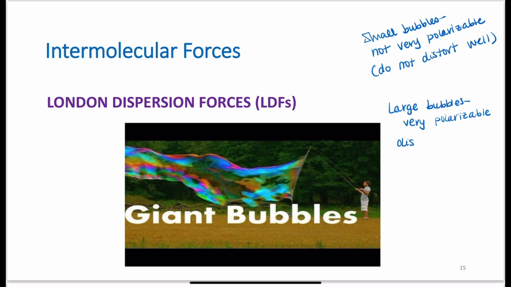They distort easily. So the easier the distortion of that bubble, the more polarizable it is. I want you to look at the bubble and think about that, but in relation to an electron cloud. Again, an electron cloud is the area of electron density, and it's where the electrons within the molecule can reside.